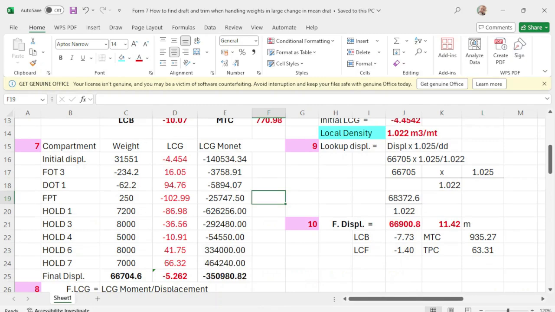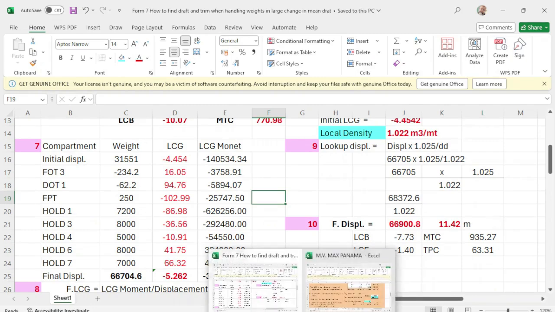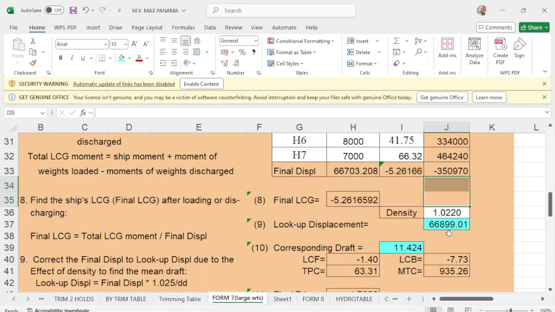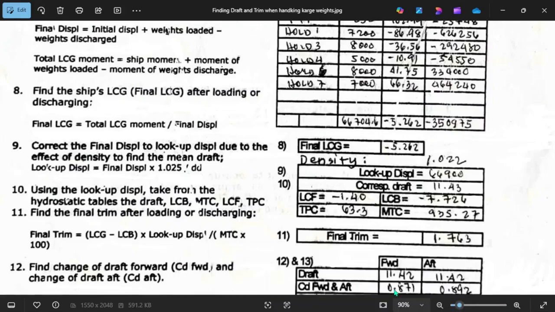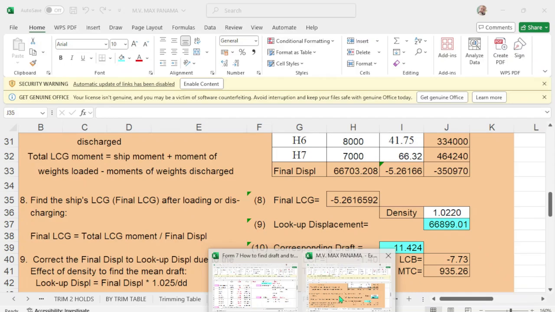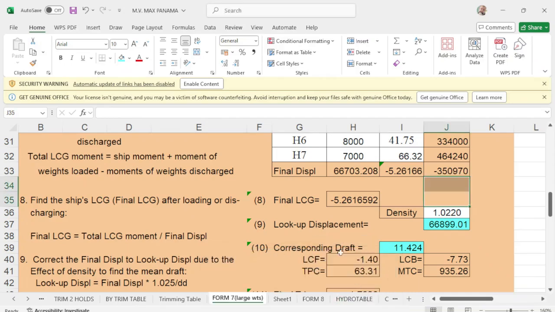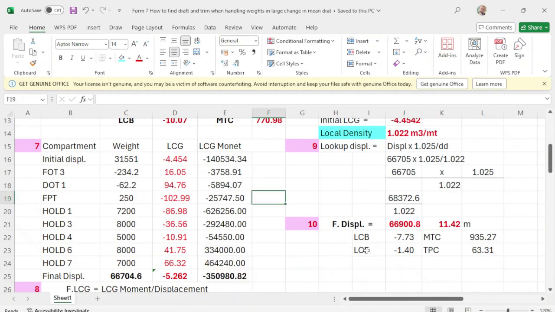I'm sorry, the corresponding draft is 11.42. What I have is 11.42.